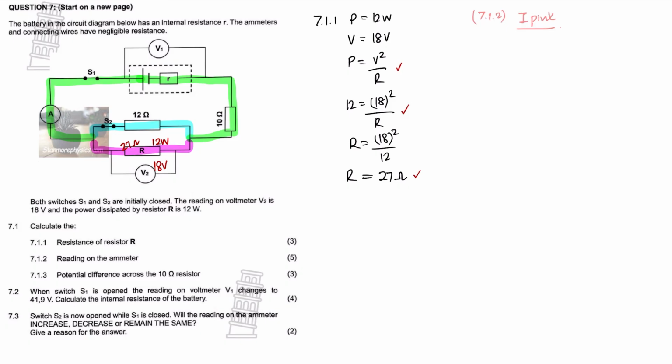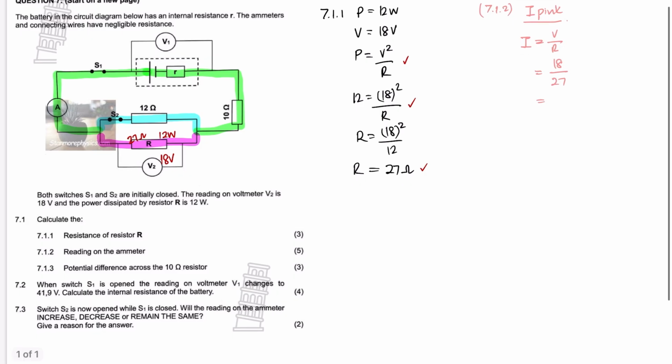So we can say I is equal to V over R. It's 18 divided by the resistance, which is 27. So 18 divided by 27 is 0.67.